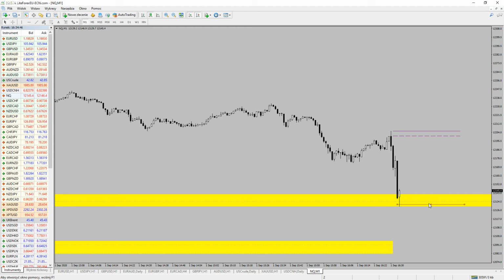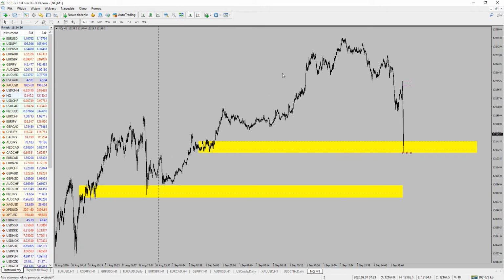Okay, trying to reverse right at the bottom of this demand, as you can see. Again, from the selling perspective, I would like to see the stop hunt of this high. I'd like the market to go and clean that high with the rejection. That would be quite a nice setup.